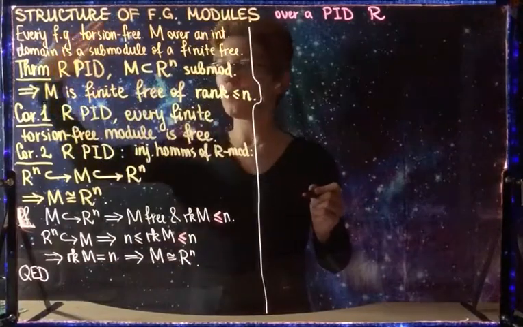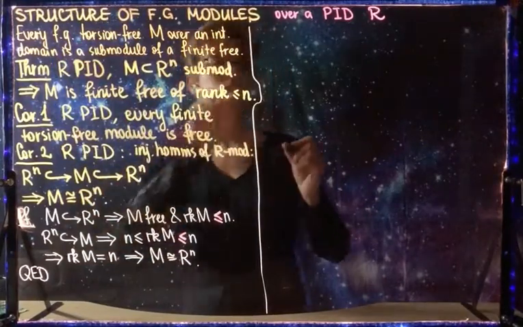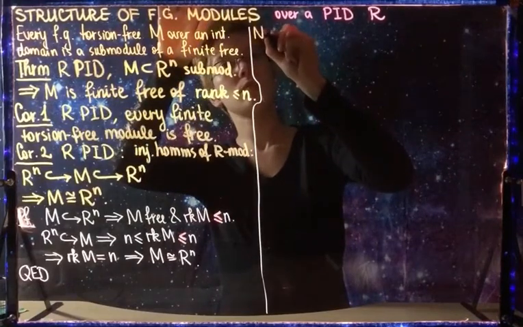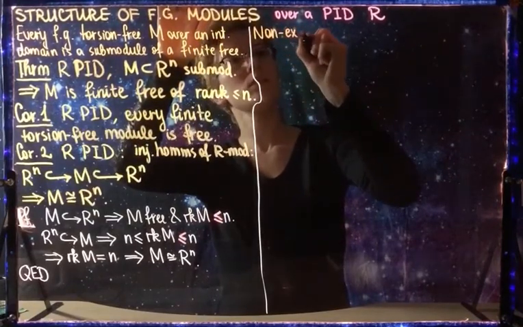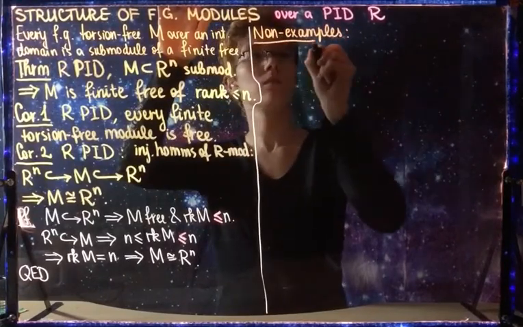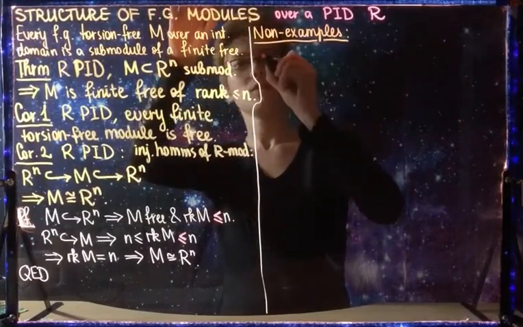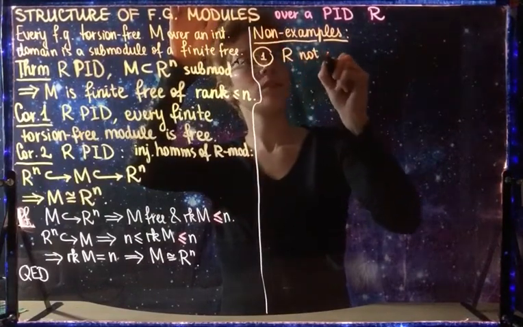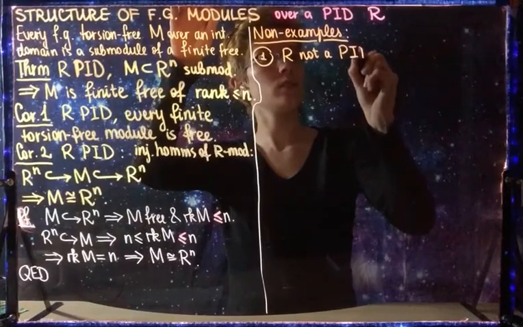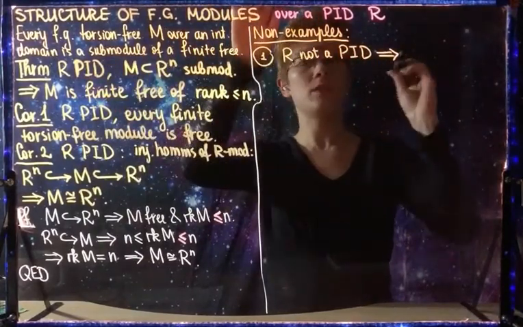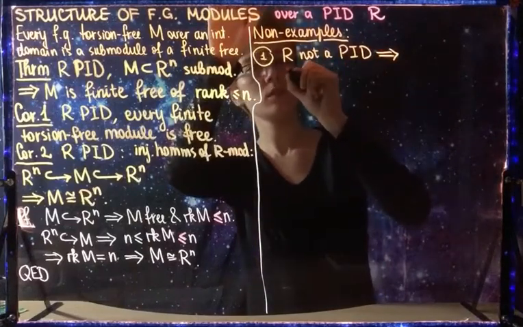Let me show you how all of this can be false over non-principal ideal domains. So, non-examples. First, if R is not a principal ideal domain, then this theorem is always, absolutely always false.